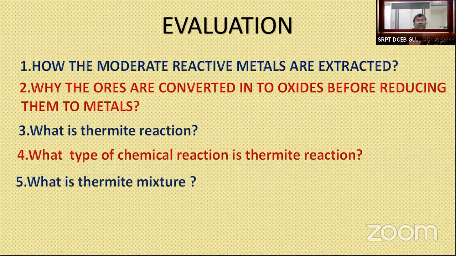You have to define the thermite reaction. Students, this is very important. As I told you, in examination, the question may appear, so pay attention. The fourth one is a simple one. What type of chemical reaction is the thermite reaction? You know about the different types of chemical reactions. So the thermite reaction, which type of reaction is it? So what is a thermite mixture, and what makes the thermite mixture?